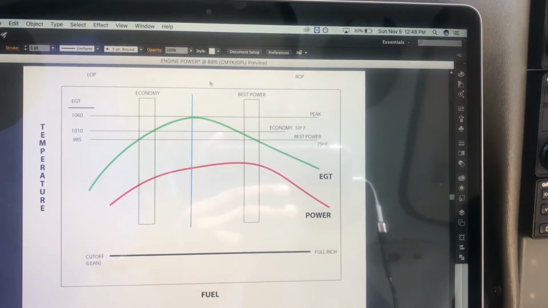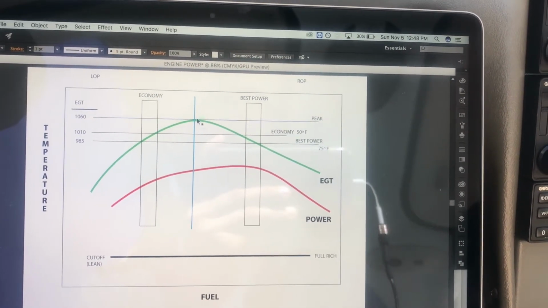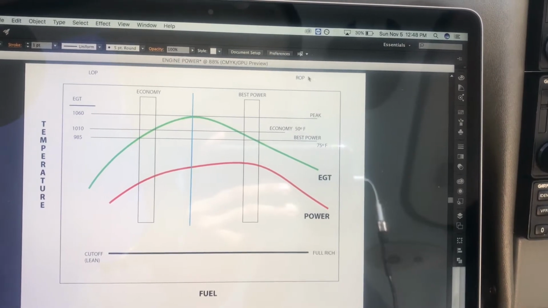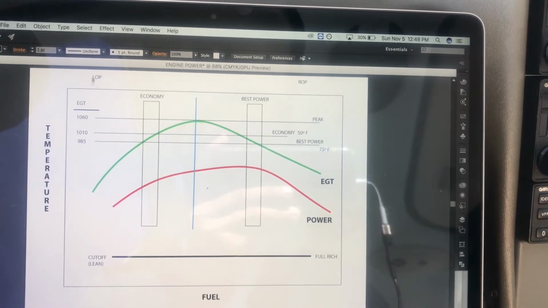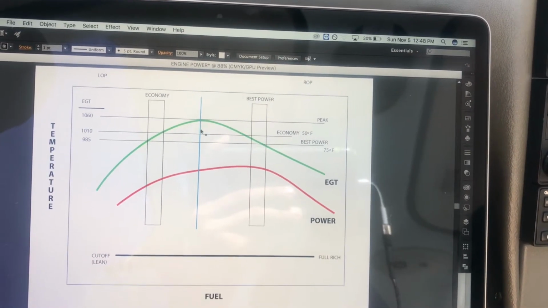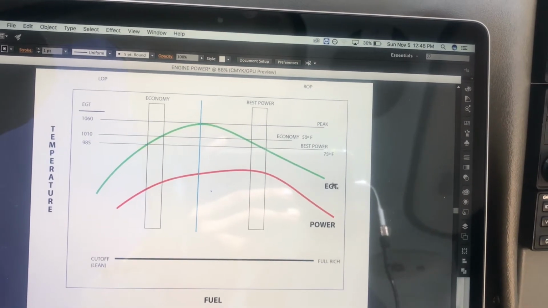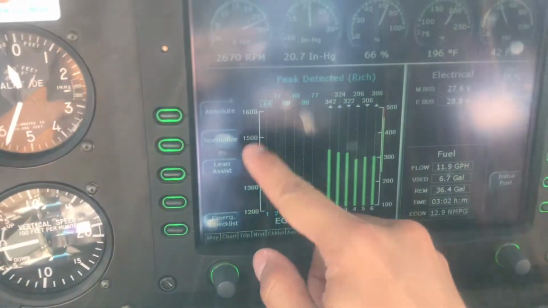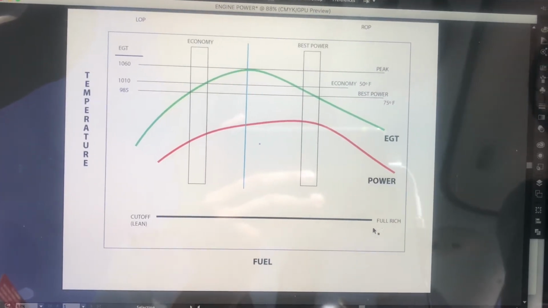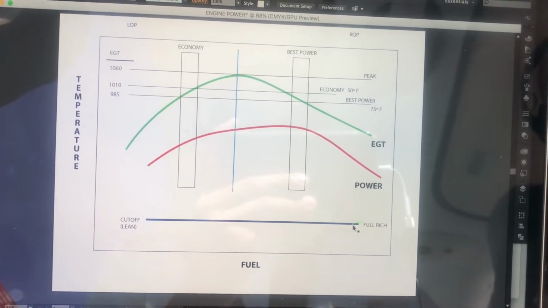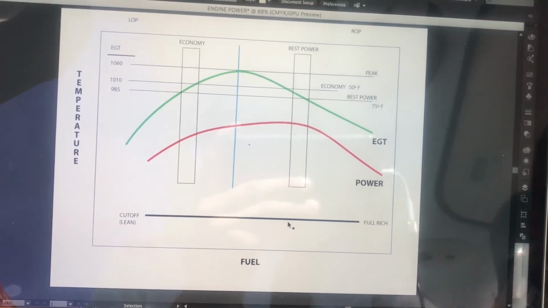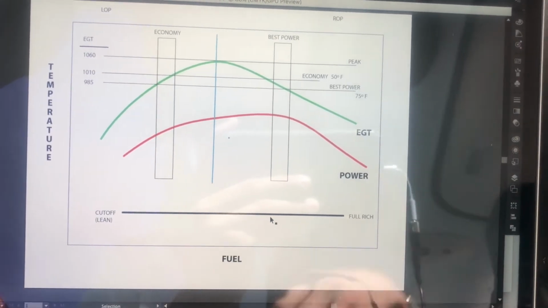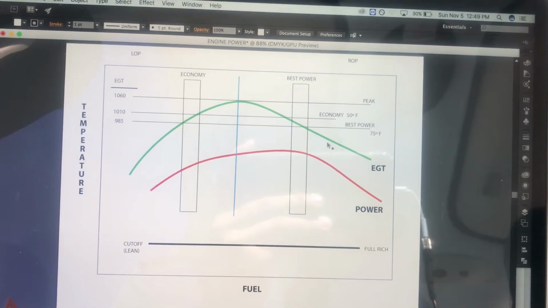For that, we're going to consider from this line to the right, rich of peak, and this line to the left, lean of peak. And where's the peak? Here is the peak. And that peak is the peak of the exhaust gas temperature. Whenever we lean the mixture, we are going to raise that temperature.